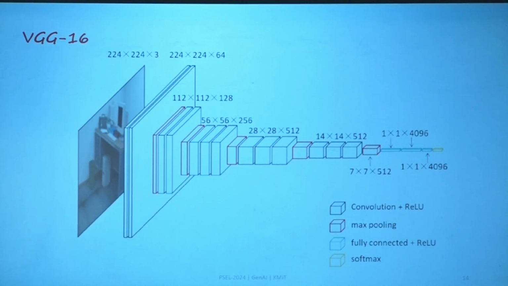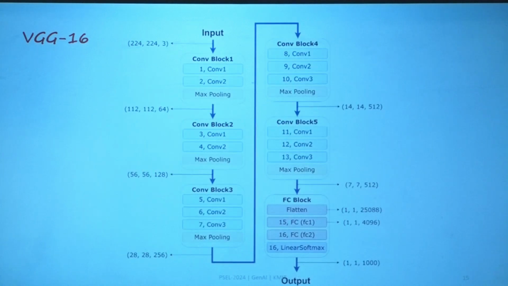So in a detailed view, I can give another visualization of this picture. You can divide it into blocks. The first convolutional block has 2 convolution layers followed by the max pooling layer. Looking at this, what is the required input shape and size for VGG16? A 224 by 224 color image is the required input for this VGG16 model.